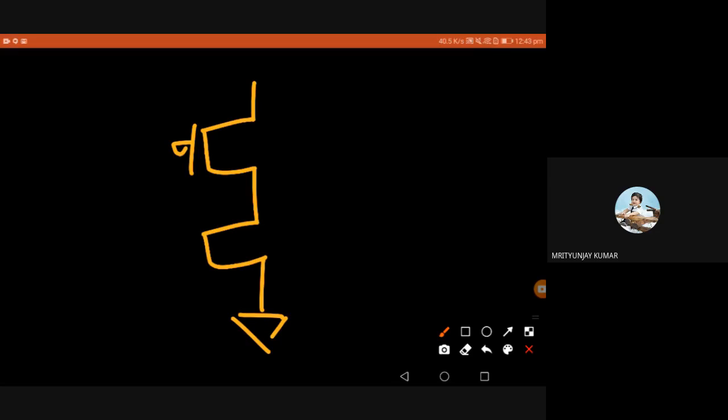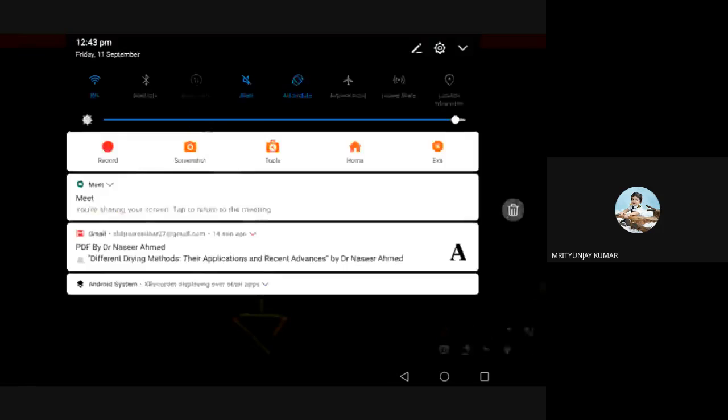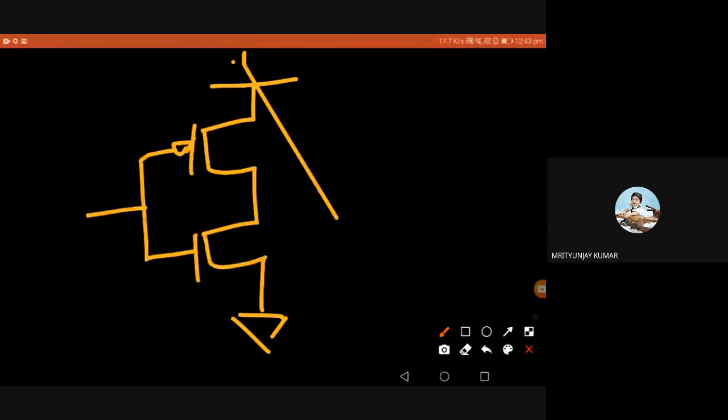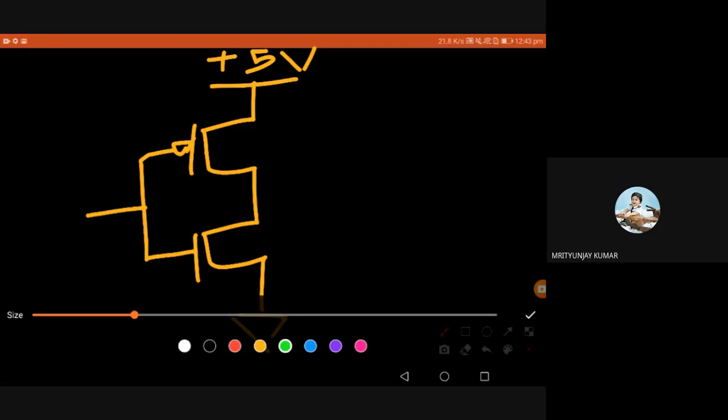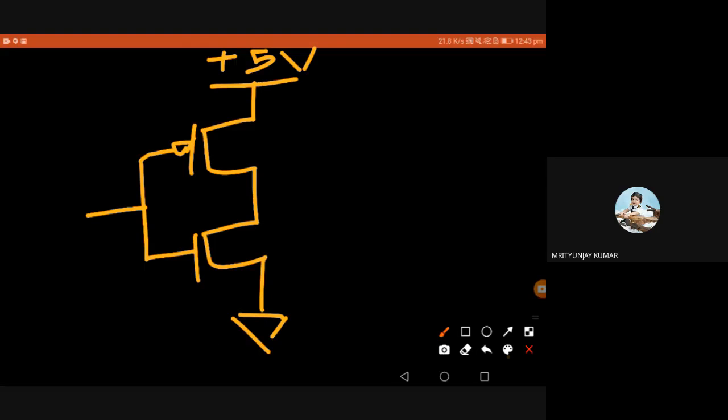So basically what we have drawn is simple: two series-connected MOSFETs, with the PMOS on top and the NMOS at the bottom. Both input gates, or control terminals, are connected together. PMOS is connected to plus 5 volt, and NMOS is connected to ground.